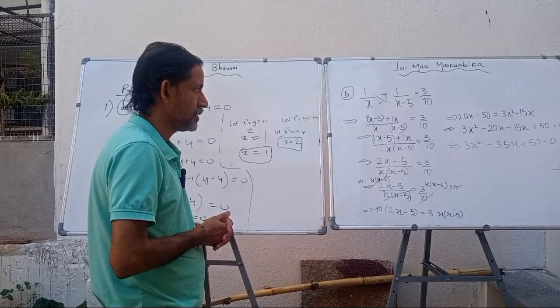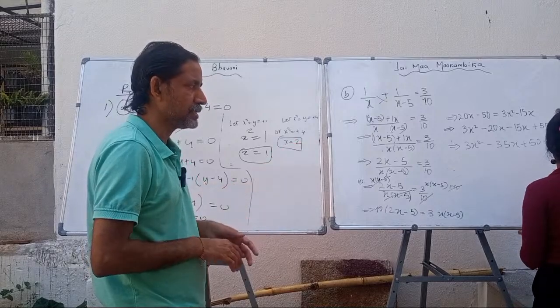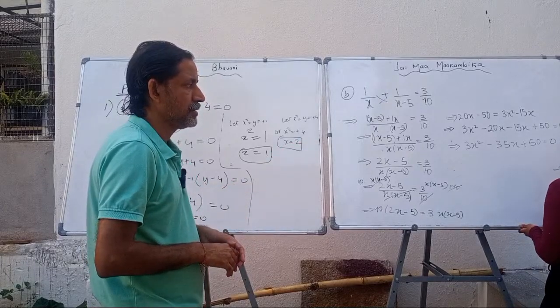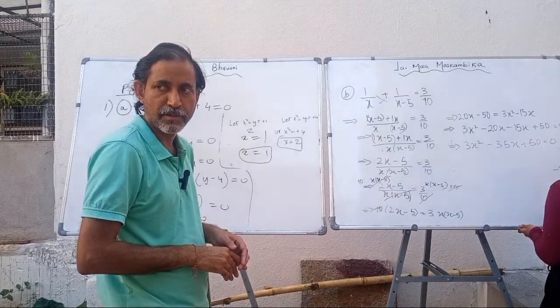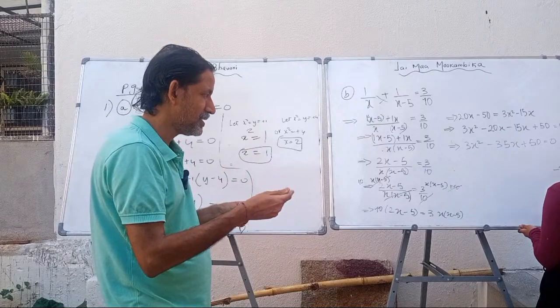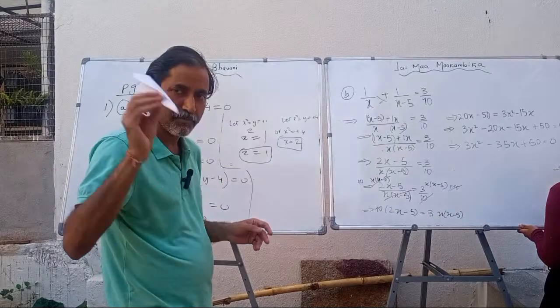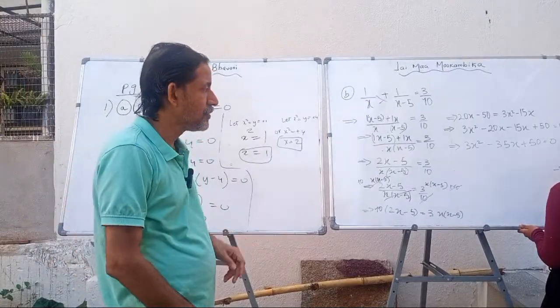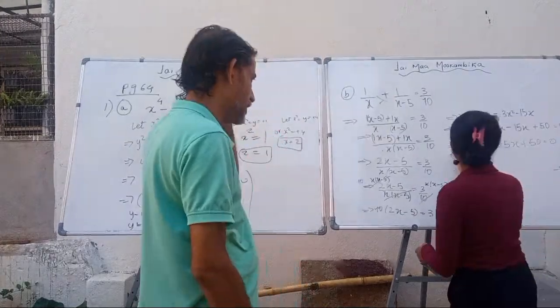30 into 5. Try 30 into 5 is correct. Give it a shot, but check the signs. And 30 plus 5. Wait. Let her do it. Okay. Minus 30 minus 5 is minus 35. Okay. Split it accordingly.